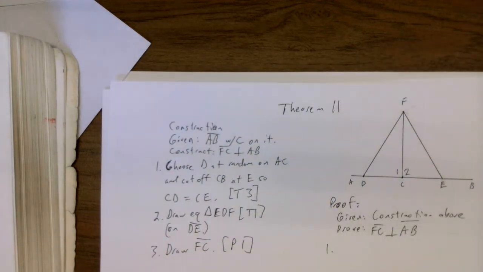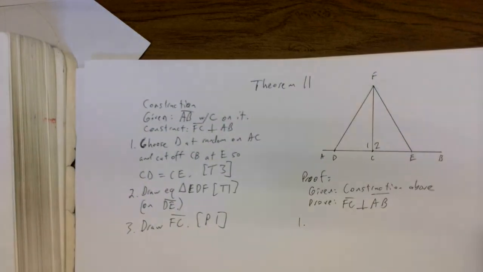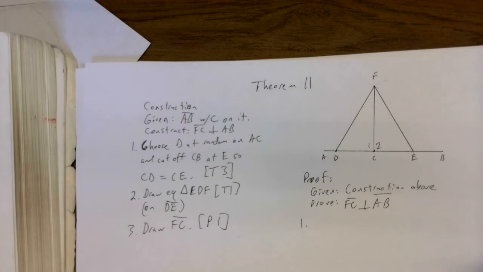All right, step 1. We have these two triangles. We need to prove them congruent. Okay, we could either use the SSS or the SAS. Really doesn't matter. We could actually do both of them in this one because there's a way to do it with the SAS. But I'm going to do it the way Euclid does it, which is the SSS.